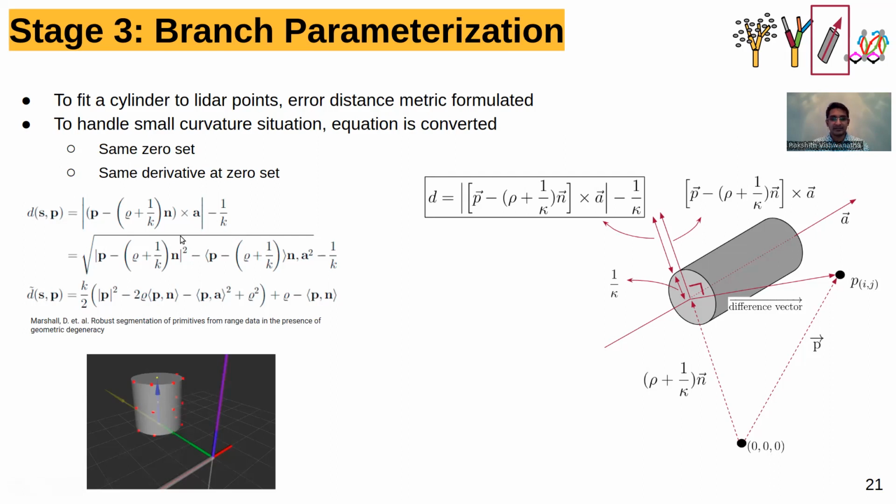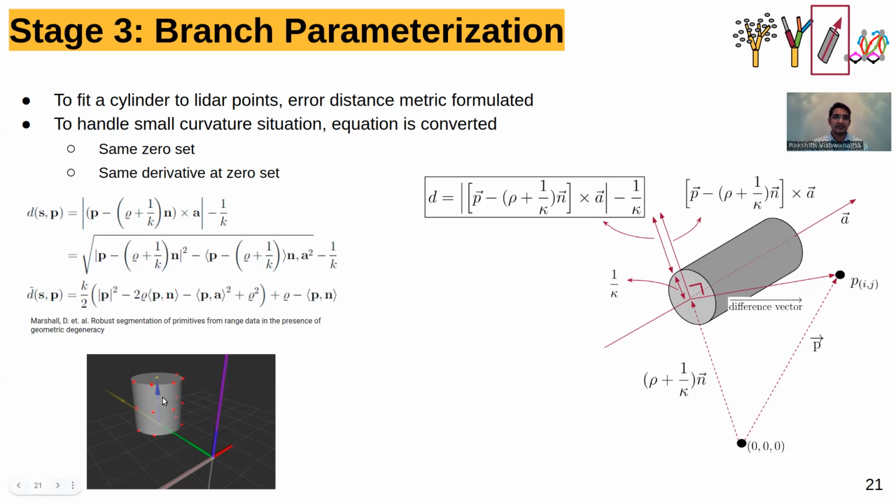And the distance metric that was used in order to perform this optimization was as given in this equation. This distance metric basically denotes how far off a point in the point cloud is from the surface of the cylinder. So if we look at the image on the bottom left, considering that these red points are points from the point cloud, we are trying to estimate this grayish cylinder to fit all these points such that all the points lie exactly on the surface of the cylinder.